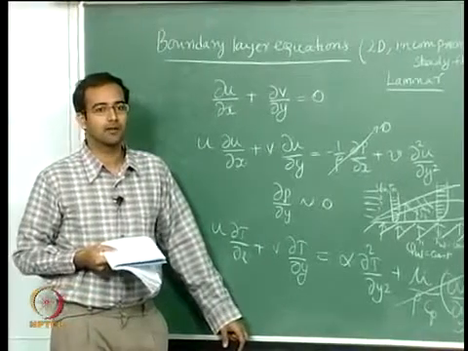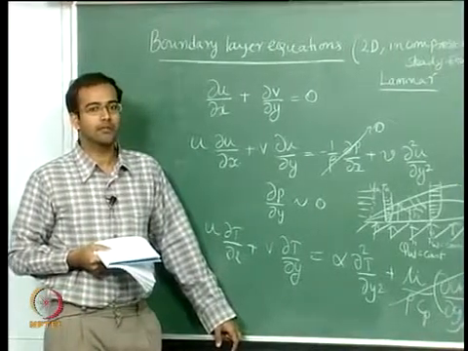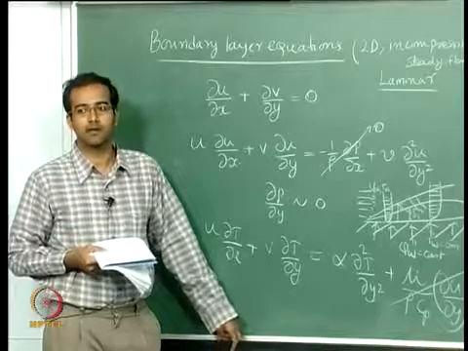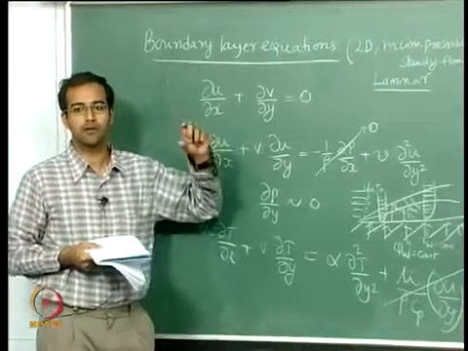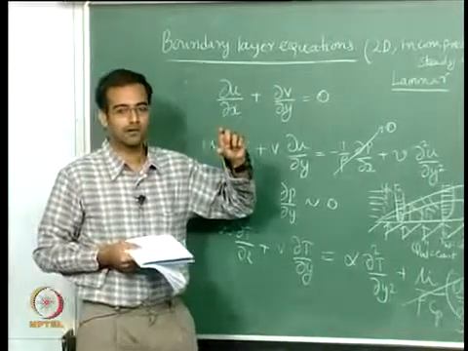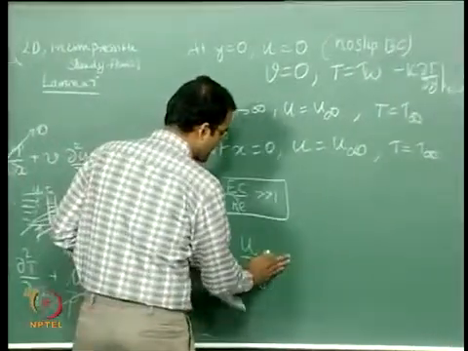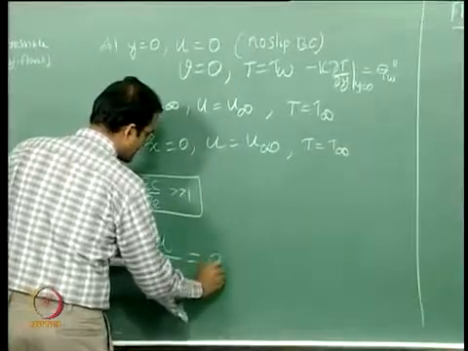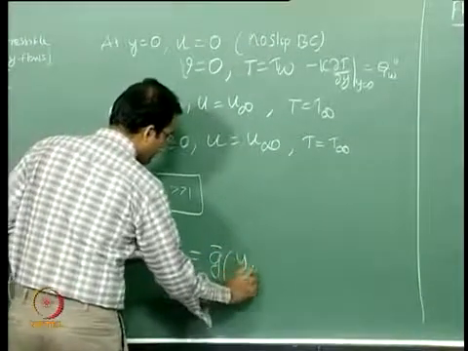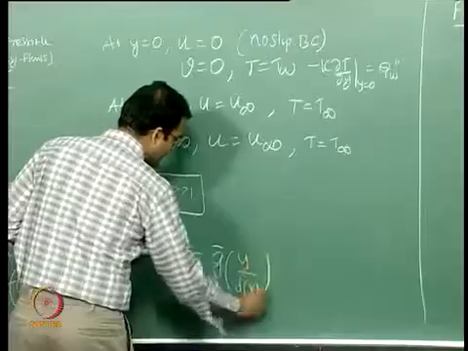We also saw that y scales with delta very well; y is of the order of magnitude of delta. So if we combine these two variables as a non-dimensional group, he says we can write this as some function of y over delta, which in turn depends on x.